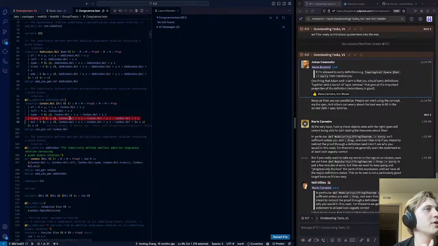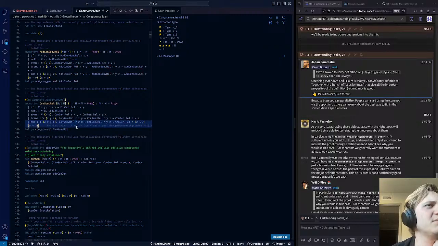And then furthermore, it's also closed under mul. And what does this mean? So if we have it for w x and we have it for y z, then we also have it for w times y and x times z.